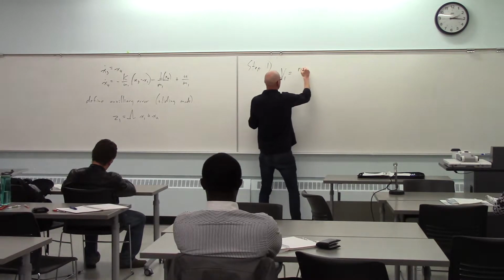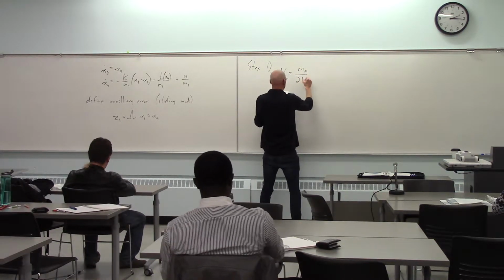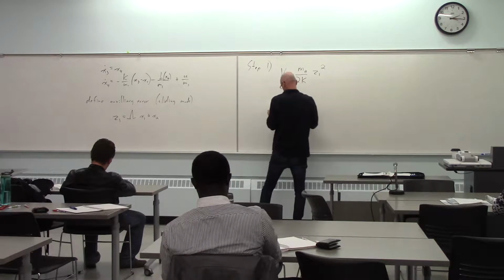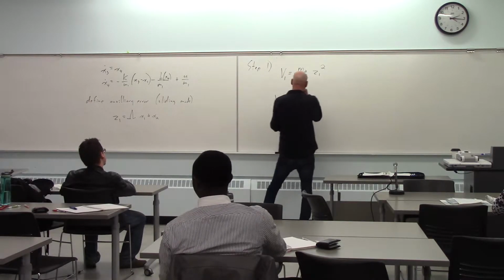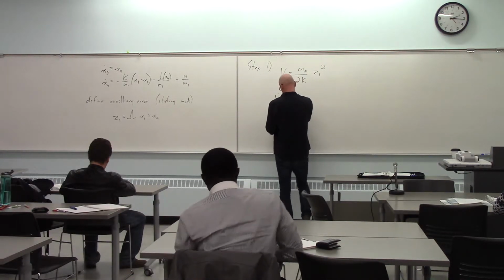Going to come in steps here. So you get V1 is M2 over 2K times Z1 squared.